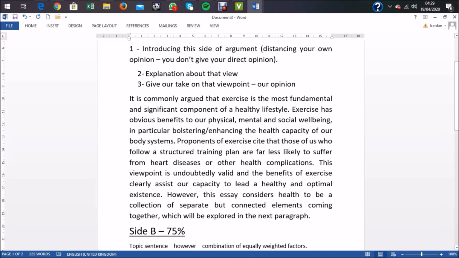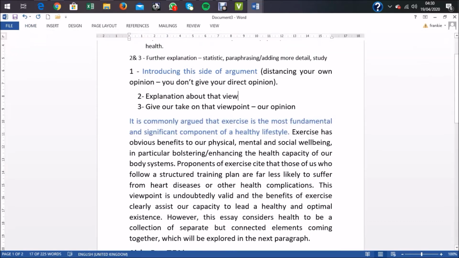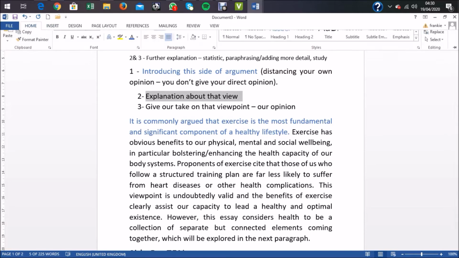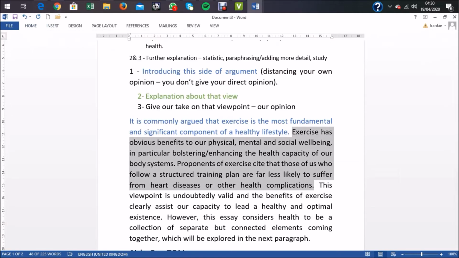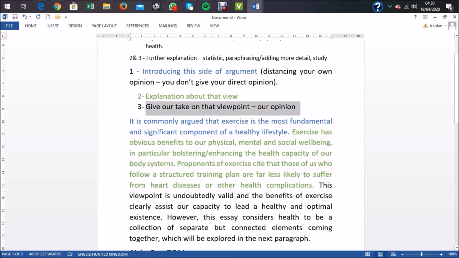Okay, so guys, if we just pause there for a moment, we have introduced this side of the argument. So I'll highlight that in blue. We have given an explanation about that view, why that view is held, and then we've introduced our opinion on this topic.